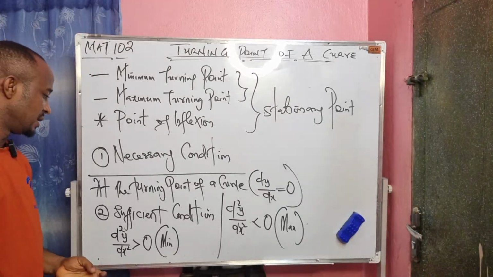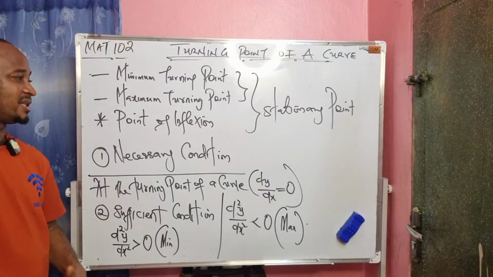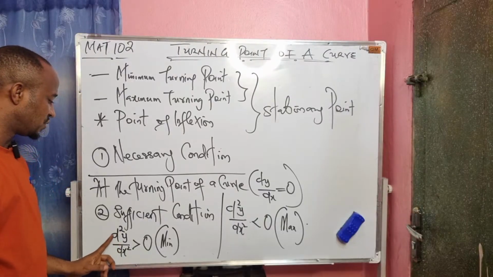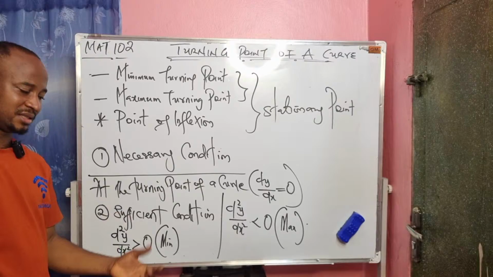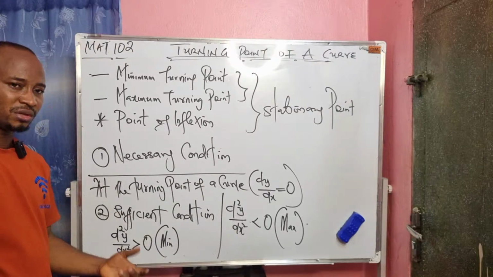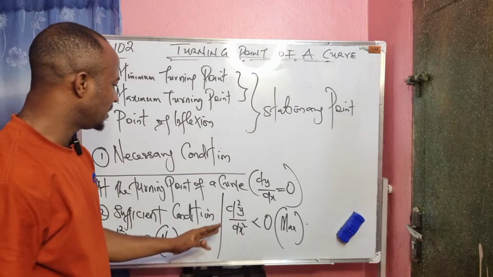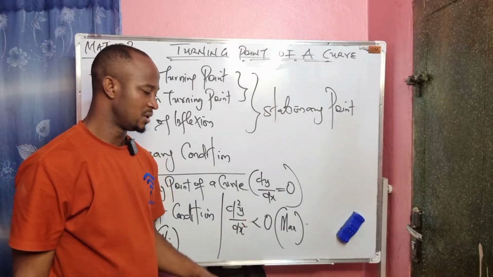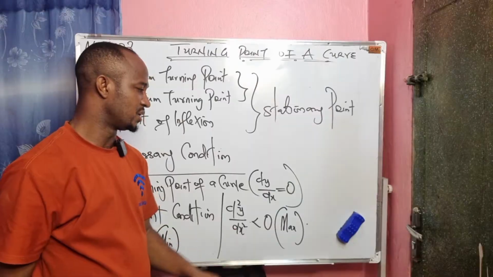Sufficient condition means that I have to further differentiate with the second derivative function. When d²y/dx² is greater than 0, we have a minimum turning point of a curve. When d²y/dx² is less than 0, we have the maximum turning point.